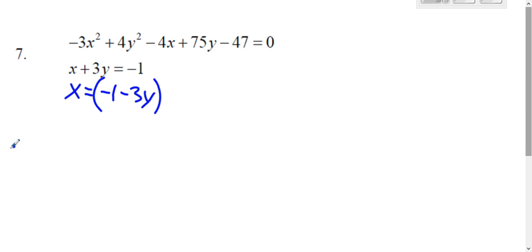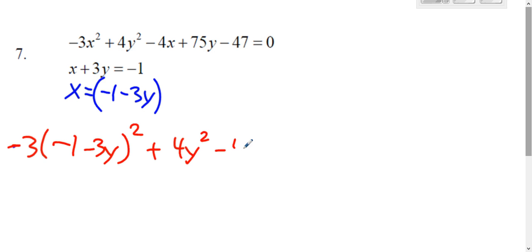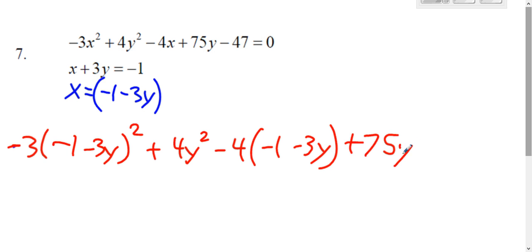So that is -3 times (-1 minus 3y) squared plus 4y squared minus 4x, but x is replaced with this (-1 minus 3y), plus 75y minus 47 equals 0.